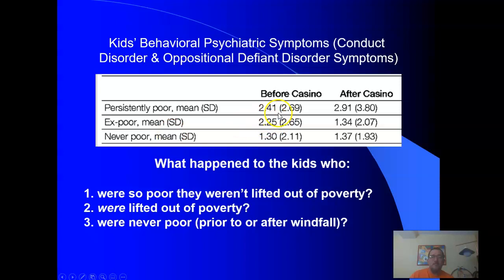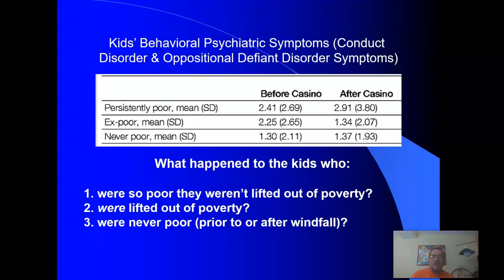They were getting in trouble about as much as the persistently poor kids. But once they got this money that lifted their families out of poverty, and they no longer met the technical definition of poverty, they became virtually identical to the kids who had never been poor, with very low rates of conduct disorder, very low rates of oppositional defiant disorder, and other negative outcomes as well.